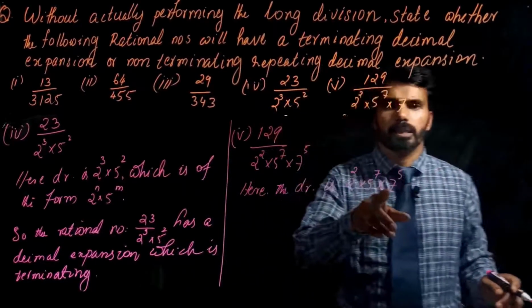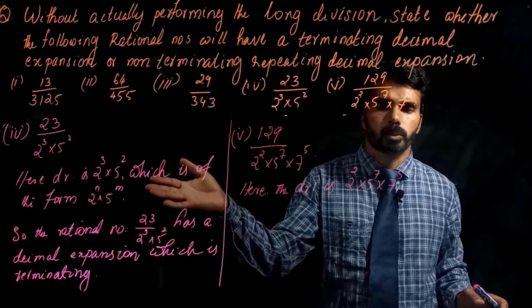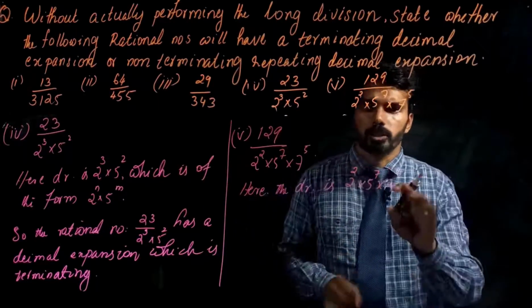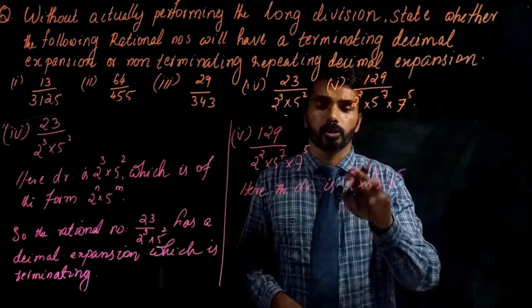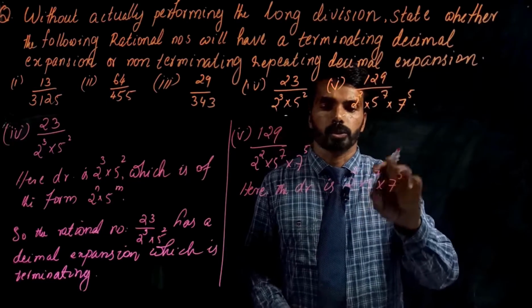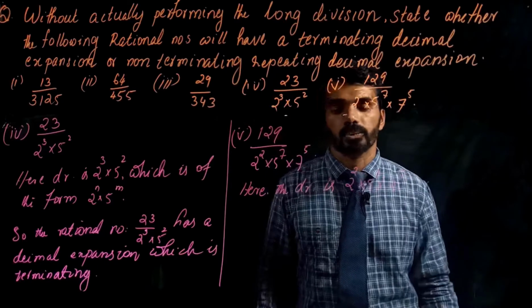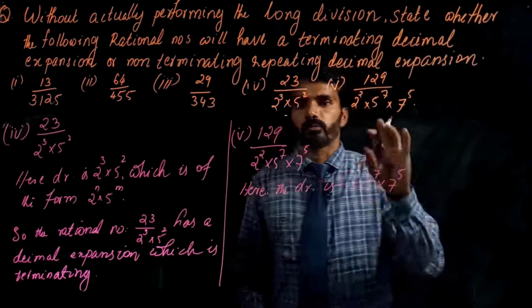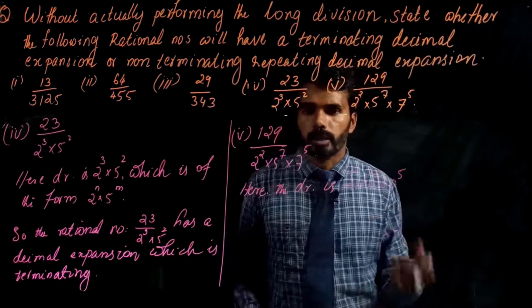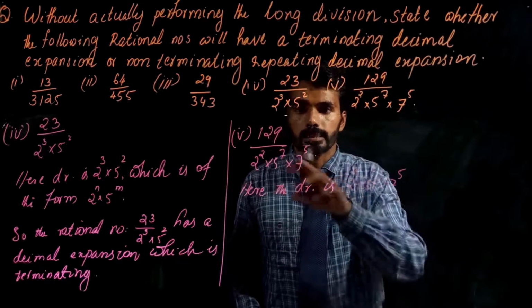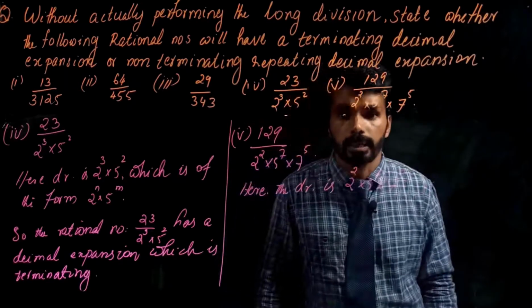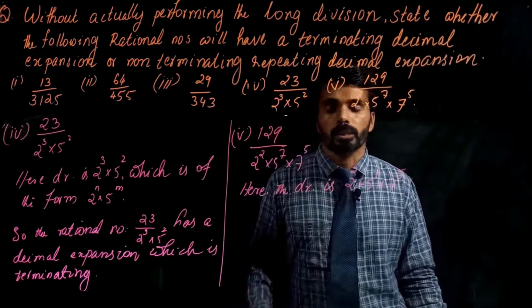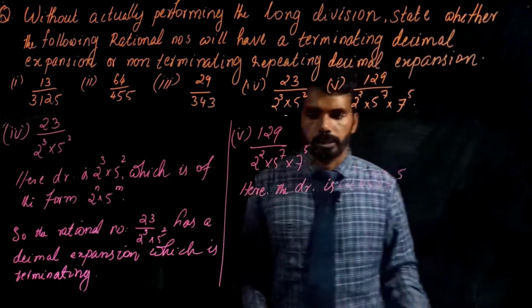Let us check whether it is of the form 2 raised to n into 5 raised to m. No, it is not. Here it is 2 squared into 5 raised to 7, and then an extra 7 raised to 5 is there. So since it is not of that form, this rational number has a decimal expansion which is non-terminating and repeating.